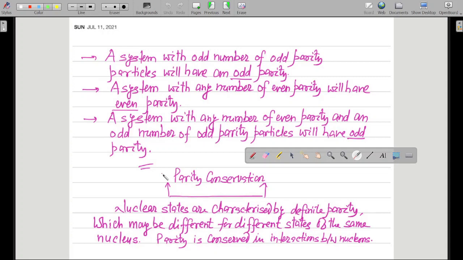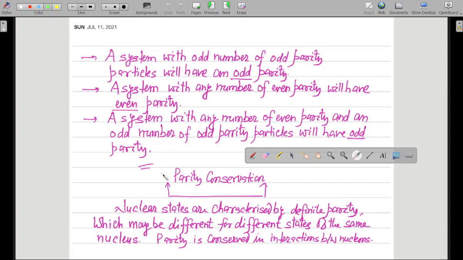How nucleons are filled in the nuclear shells, we are going to learn from the next class onwards, when we will learn about the nuclear shell model.